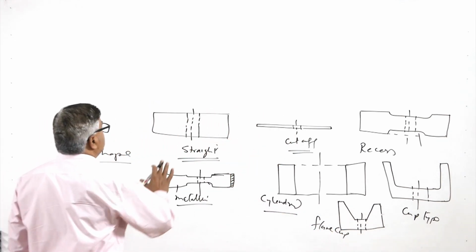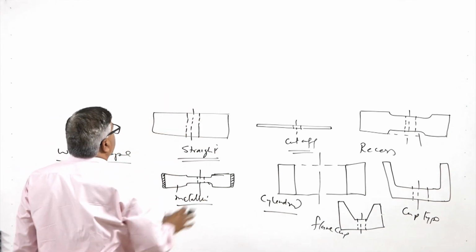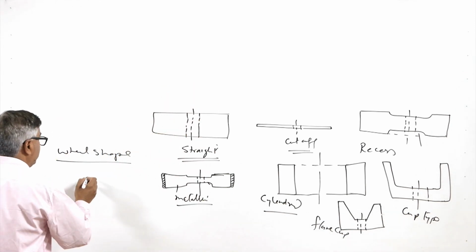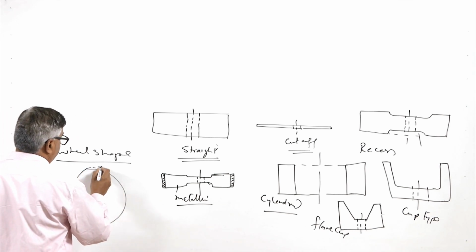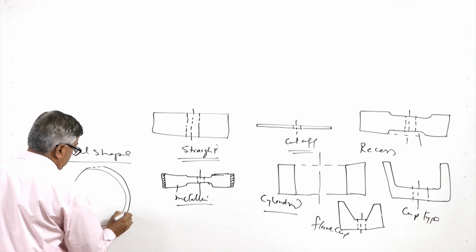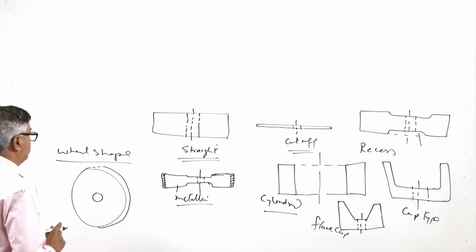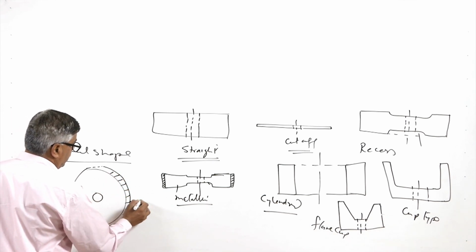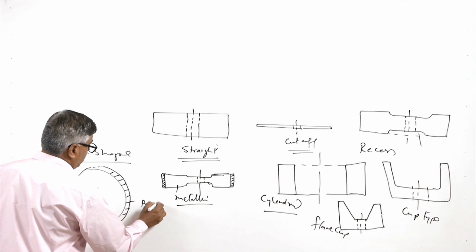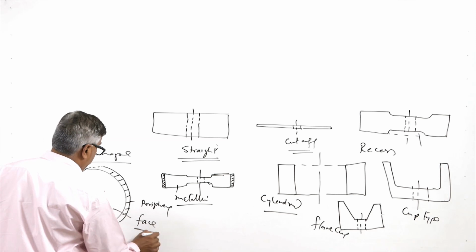So, if we see these grinding wheels, say this is the top view. Any grinding wheel will have a certain thickness in this manner, and there will be one hole at the center for mounting purpose. So, this is the periphery of the wheel, and this is the face of the wheel.